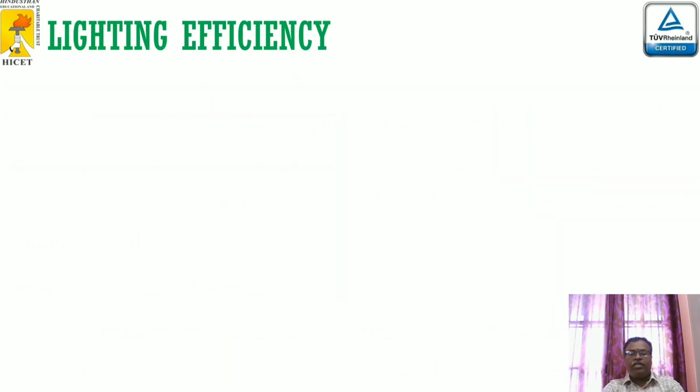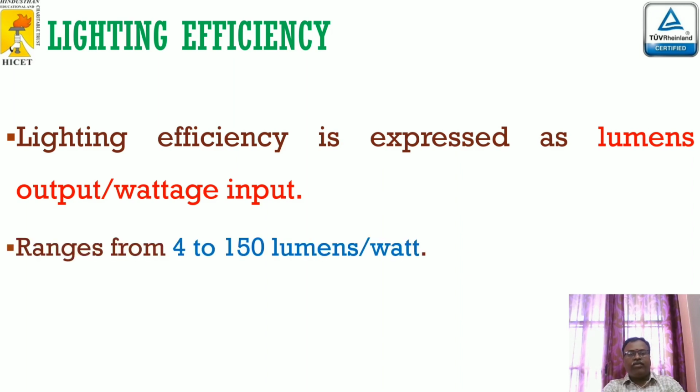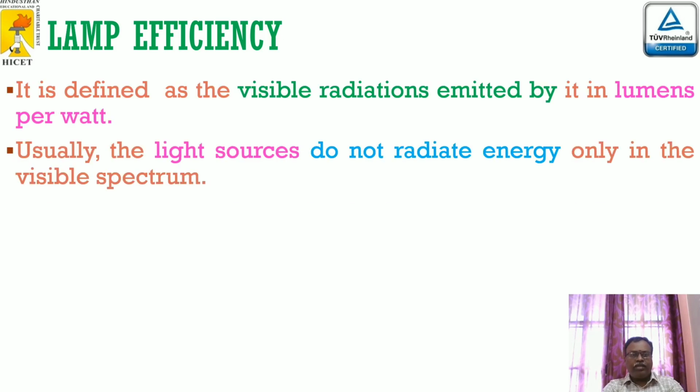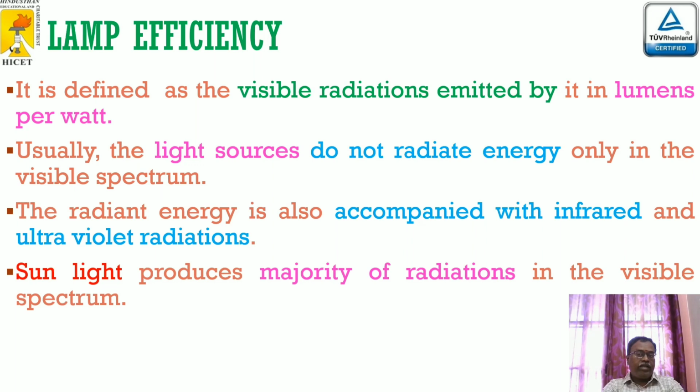And what is lighting efficiency? Lighting efficiency is expressed as lumens output per watt input. It ranges between 4 and 150 lumens per watt. And what about lamp efficiency? It is defined as the visible radiation emitted, in lumens per watt. Usually, light sources do not radiate energy only in the visible spectrum. The radiant energy is also accompanied by infrared and ultraviolet radiations.